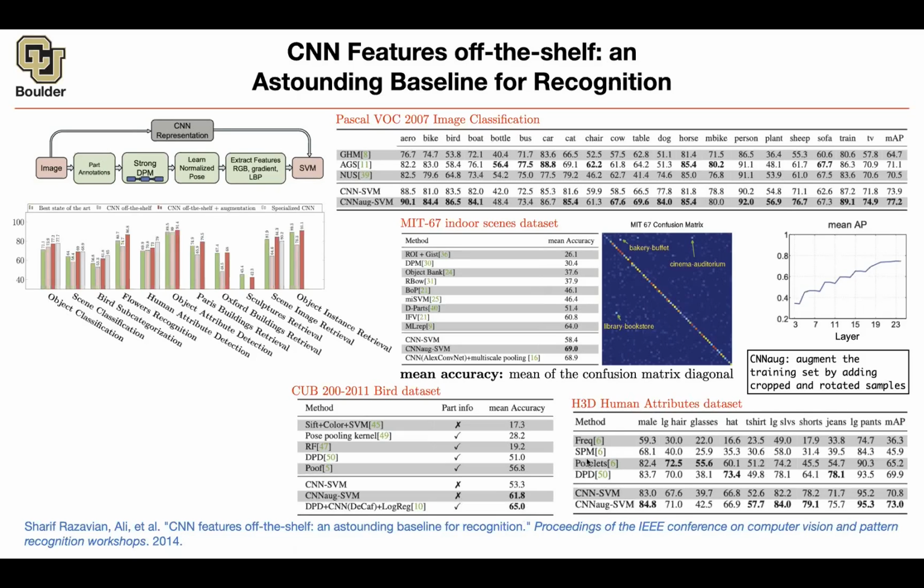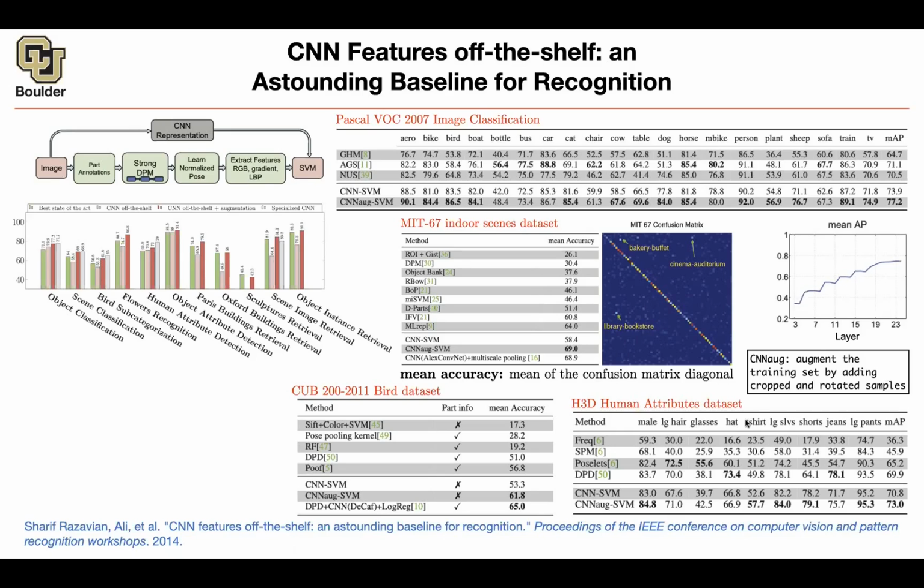What else? You can have human attributes. This is the next task. The attributes are whether you're dealing with a male, whether that person has long hair, whether they have glasses, a hat. These are really different from what we saw in ImageNet, which was categories of airplane, cat, dog, etc. This is totally different.